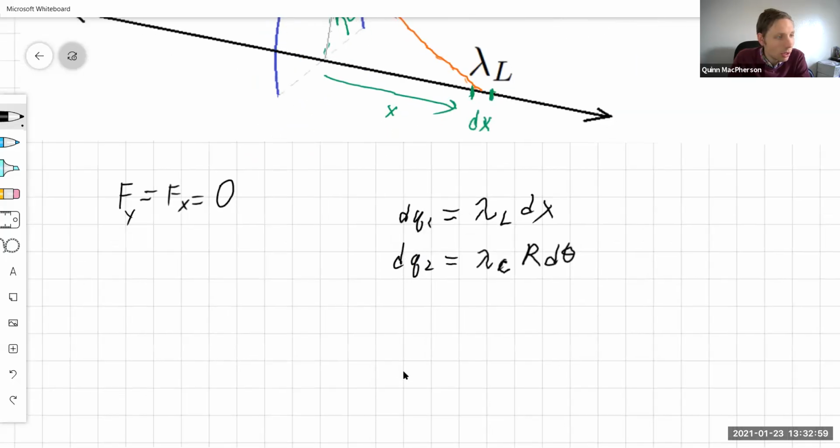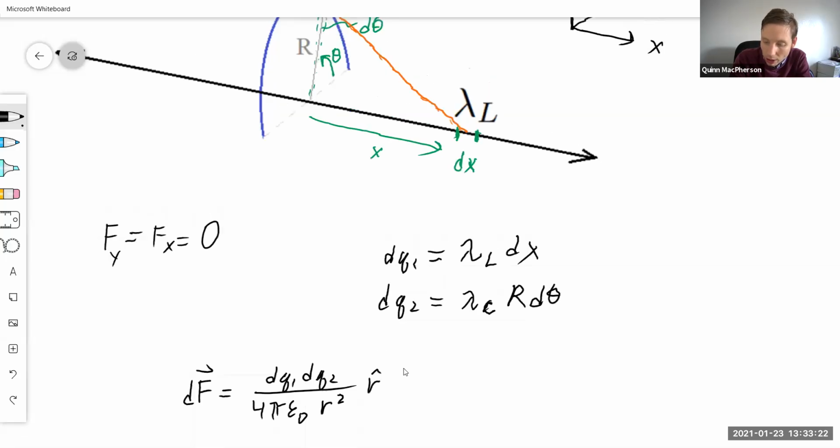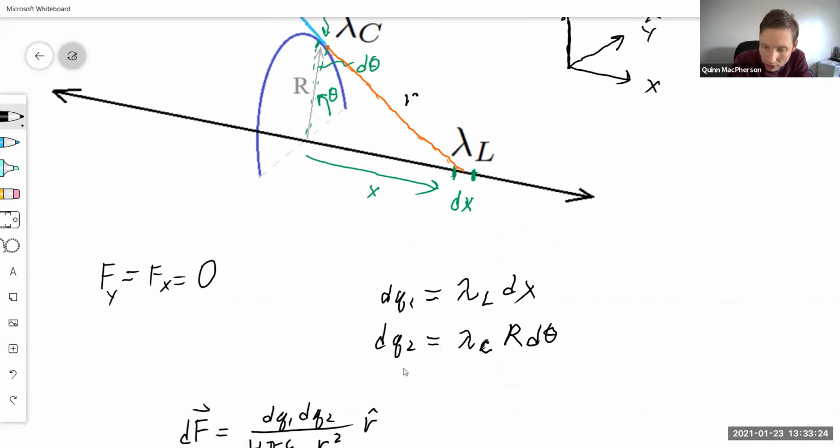Now I would like to find the force between these two. I'm going to call it dF because it's the force between the little differential segments. It is dq1 dq2 over 4 pi epsilon naught r squared, times r hat, as a vector, where r is this distance here, the distance between this segment and this segment.